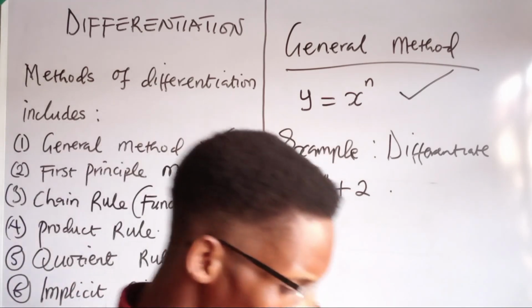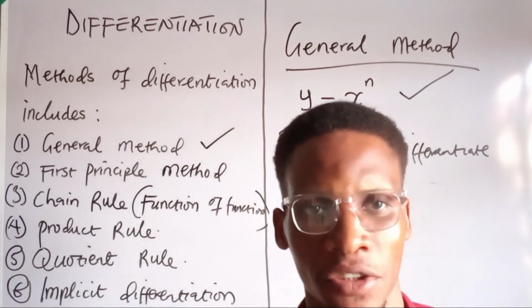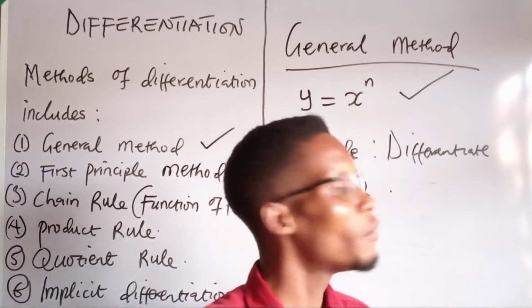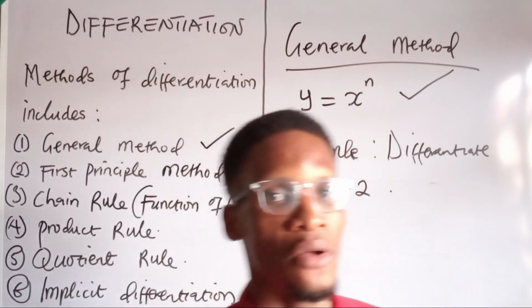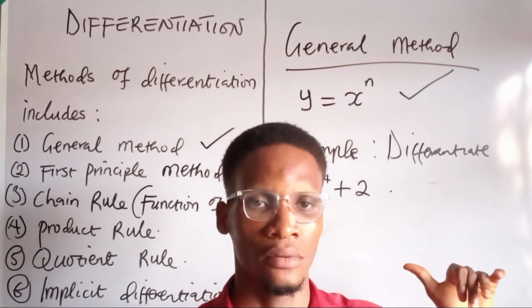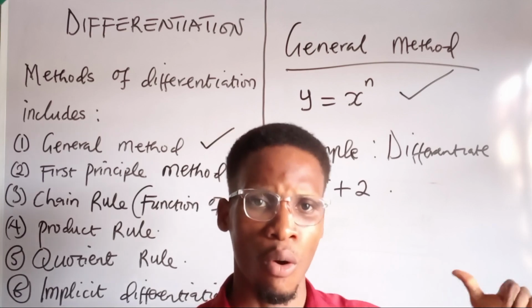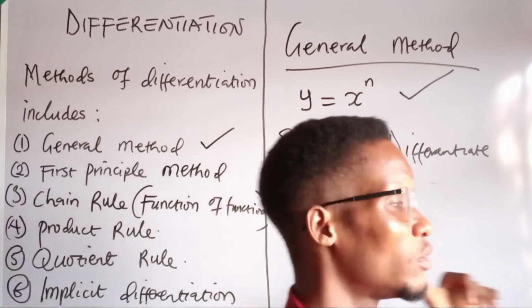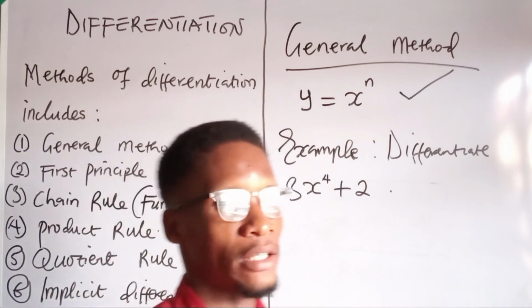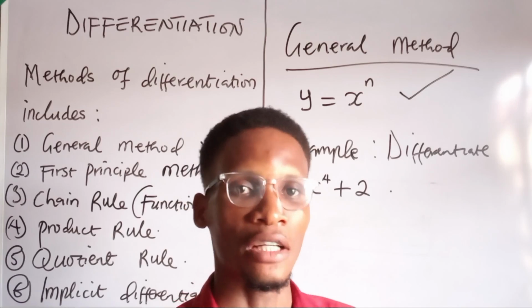You may be asked to differentiate something like this, and when you are not given a particular method to use, first try the general method and know whether it's going to work with respect to what you are given. Though it may not work for all differentiations, that's why you have these methods that you can apply to solve whatever you are given.